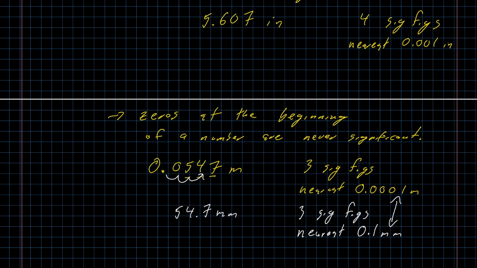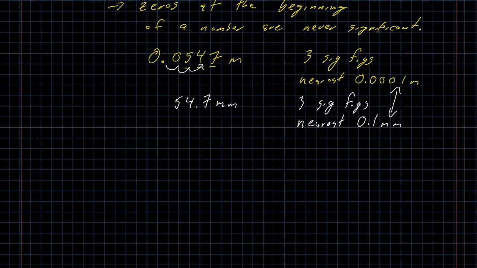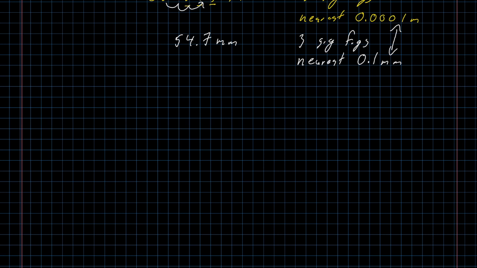That's the reason that I've been writing the units with my precision and not just writing them as numbers. The precision hasn't changed, but by doing this conversion, we've gotten rid of the zeros that we didn't really need. And that's the reason that we call the zeros at the beginning of the number not significant. Now the weird rule.